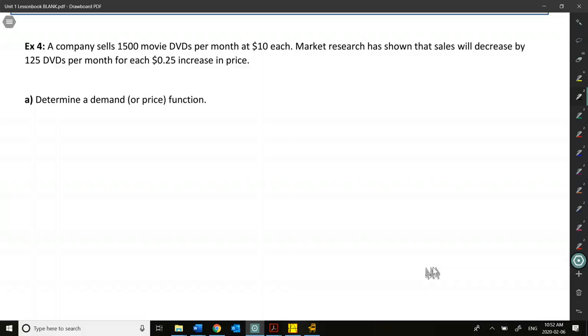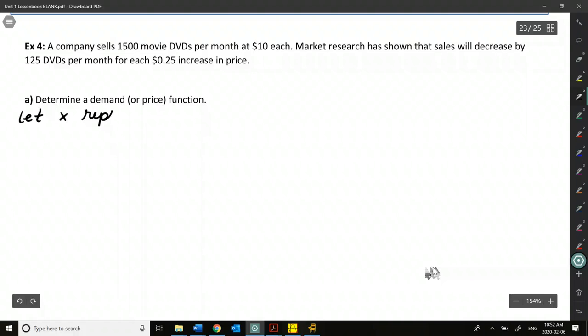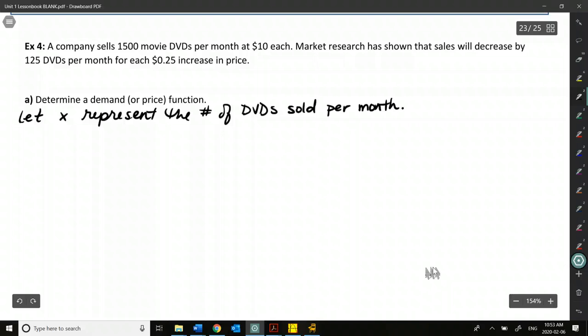So we're going to let X represent the number of DVDs that are sold each month. It's up to you, it's your note.